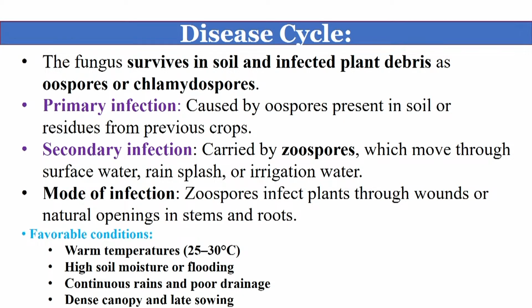As for the mode of infection, zoospores infect the plants through wounds or natural openings like hydathodes and lenticels in the stems or roots. The favorable conditions for the spread of the disease are 25 to 30 degrees centigrade, high moisture or flooding conditions, continuous rain or a poor drainage system, which helps the pathogen growth and development.